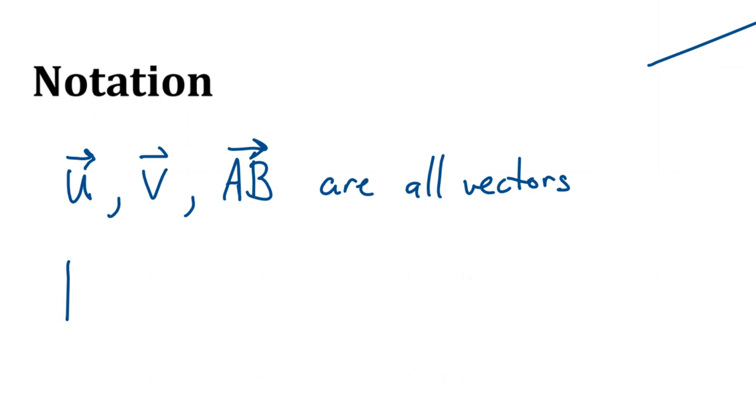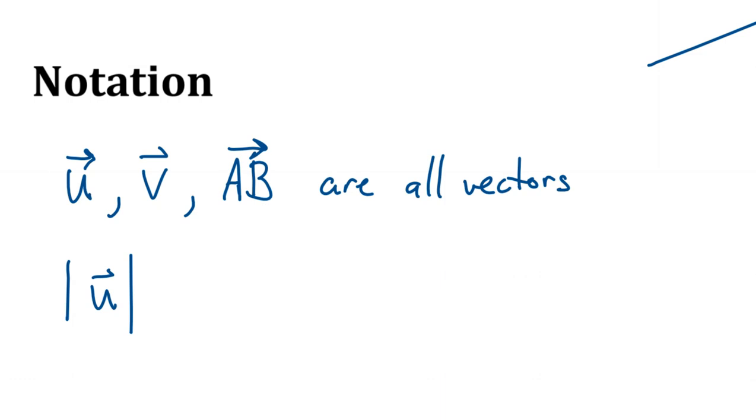If we want to talk about the magnitude of a vector, we talk about it like that. It looks like absolute value. It's related to absolute value because absolute value, if you think about it, takes away the direction of a number. It takes negative numbers and turns them into positive. So all we know about an absolute value of a number is its size.